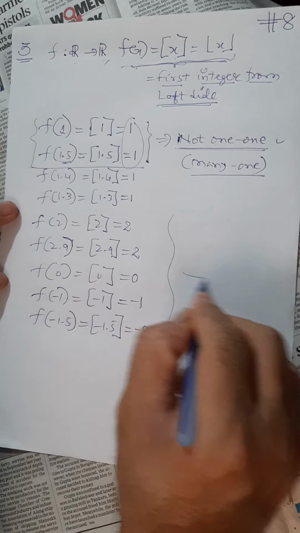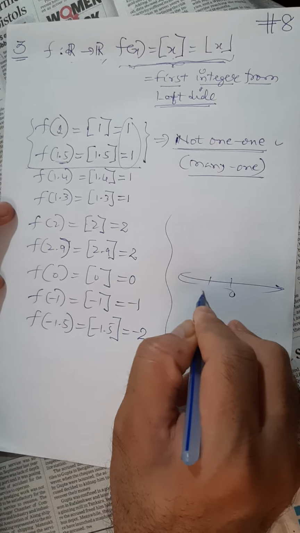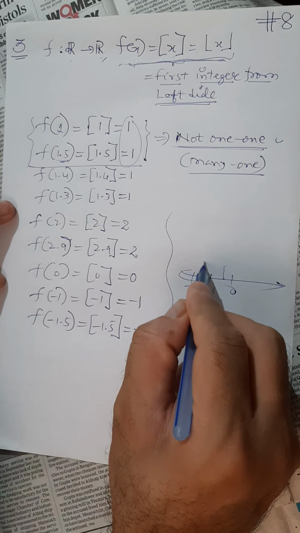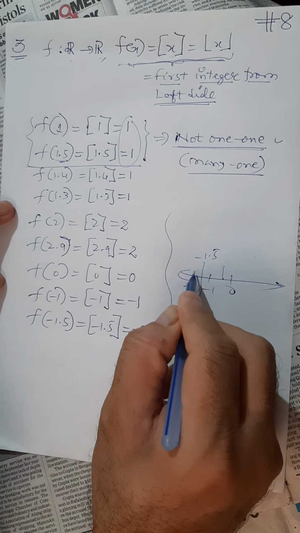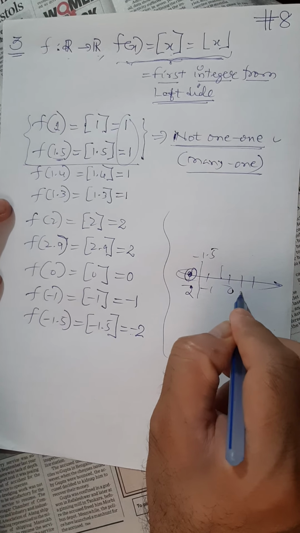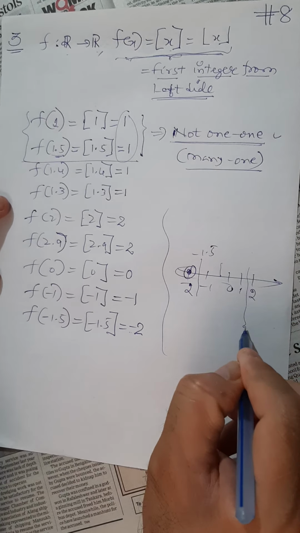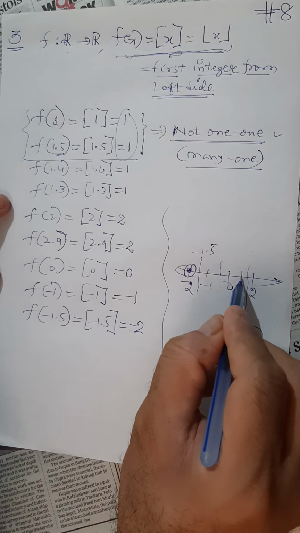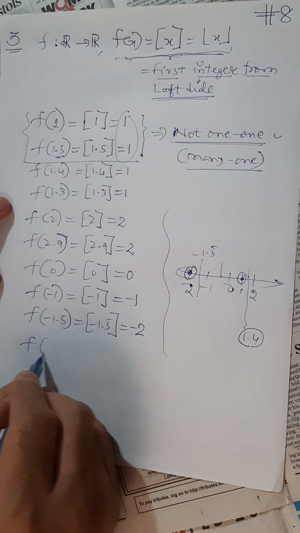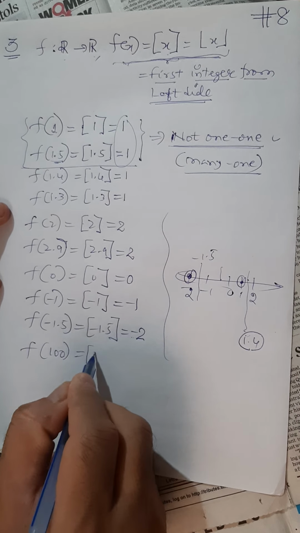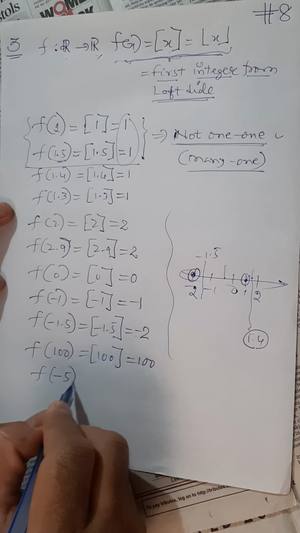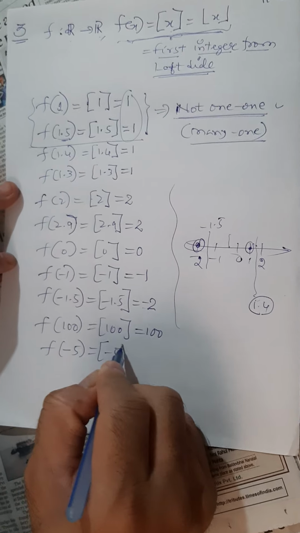If you just recall, if this is a real line, this is 0, this is -1, -2, -1.5 is here. So the first integer from the left side is this, -2. If I take this as 1, this as 2, here for example this is 1.4, so box value is 1, the first integer from the left side. All these things you know. If I go for 100, box of 100 will be 100. If I go for f(-5), box of -5 is -5.